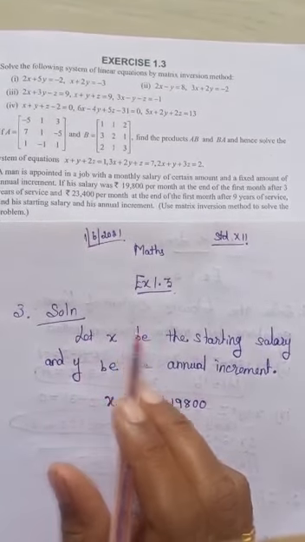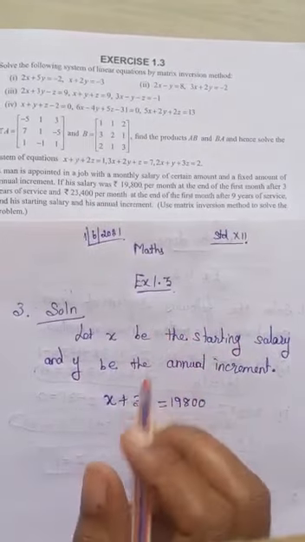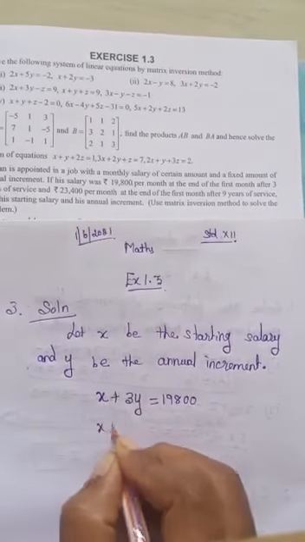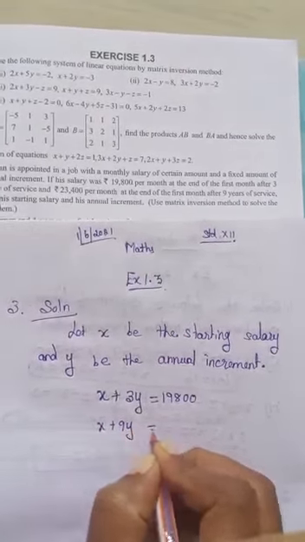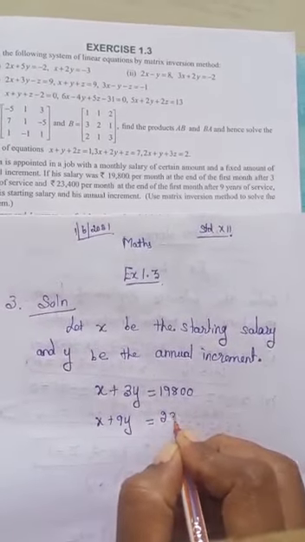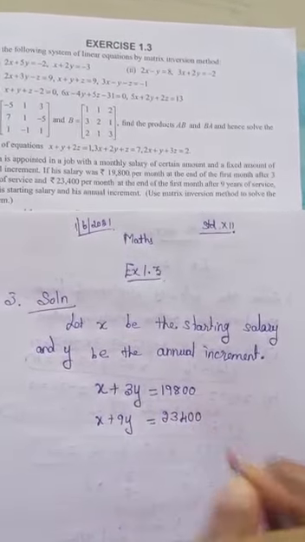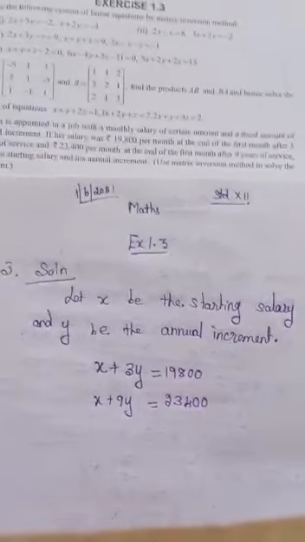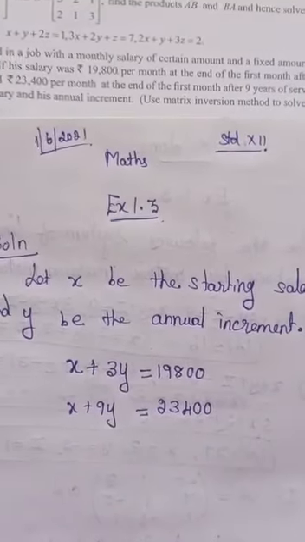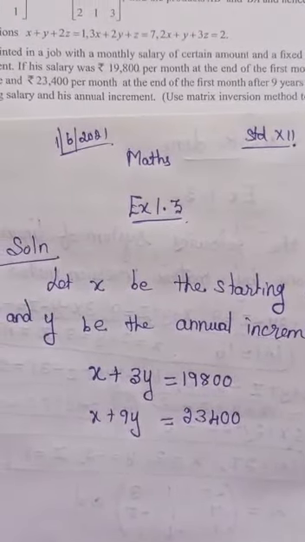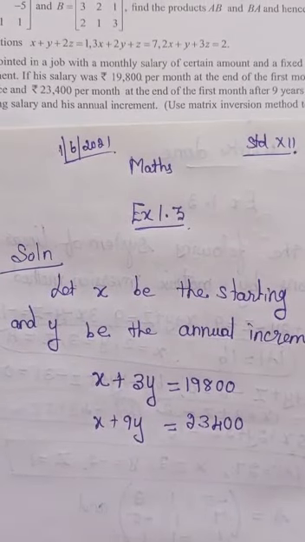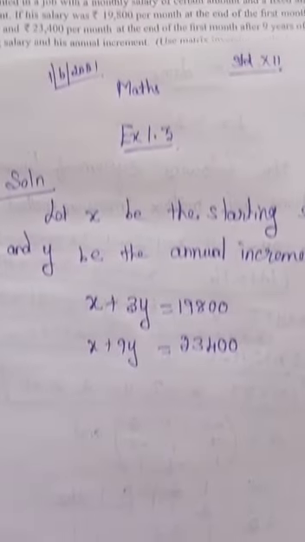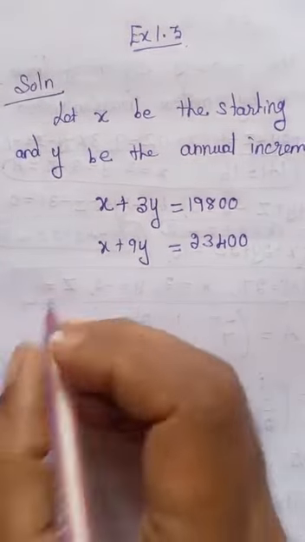Then the second equation: 23,400 at the end of the first month after 9 years of service. So, salary plus 9 times the increment is equal to 23,400. Now, we have to solve this using the matrix inversion method. First, we should write it in matrix form.